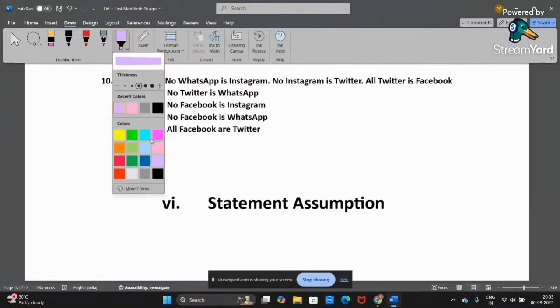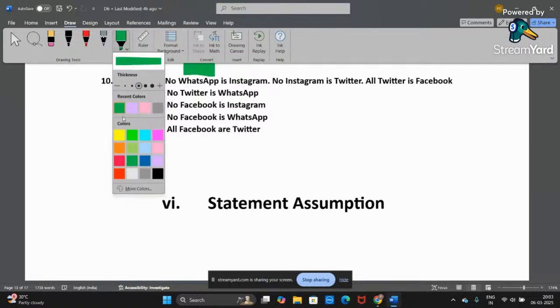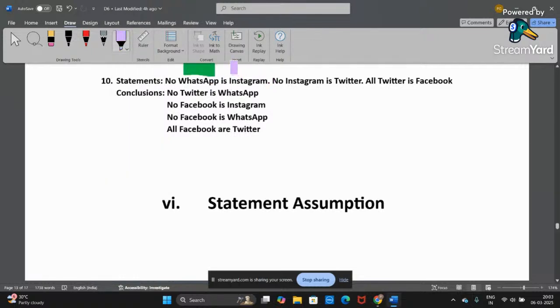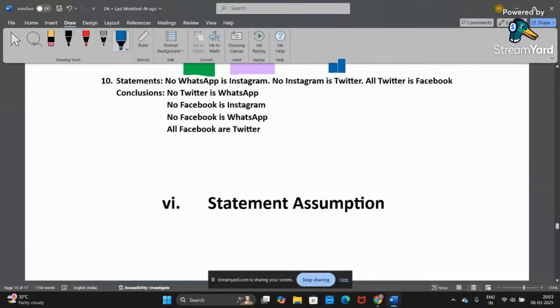WhatsApp, let's indicate in green. Instagram, let's indicate in purple. The same way, Twitter, let us indicate in blue. Okay.